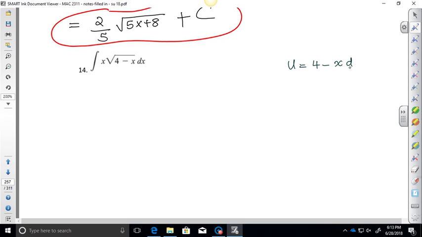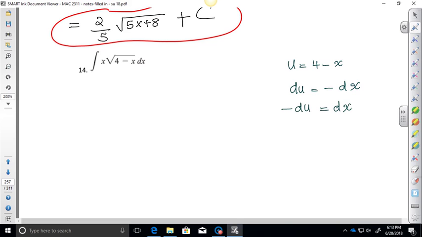What's du? du is negative 1 dx, or just negative dx, correct? So dx is negative du. Am I right?